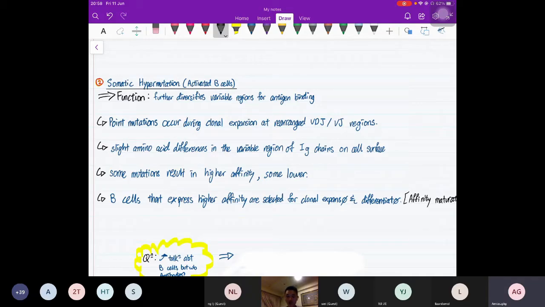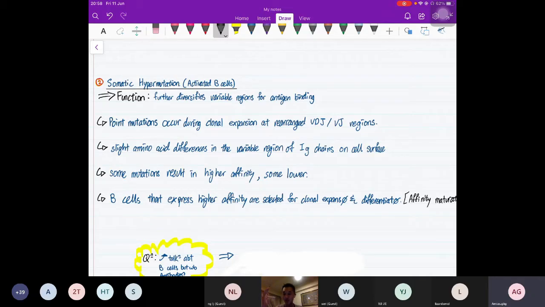After your VDJ recombination, after your somatic recombination, you have many antibodies that are generated already. Each has a unique antigen binding site. But after you've generated all those antibodies, now you have to make sure that they are specific to and very complementary to, so that their shape is more complementary to the shape of the epitope.